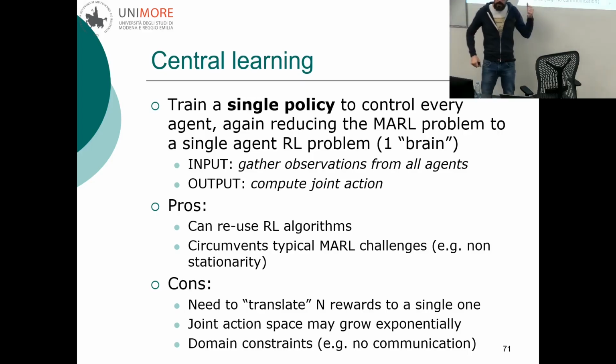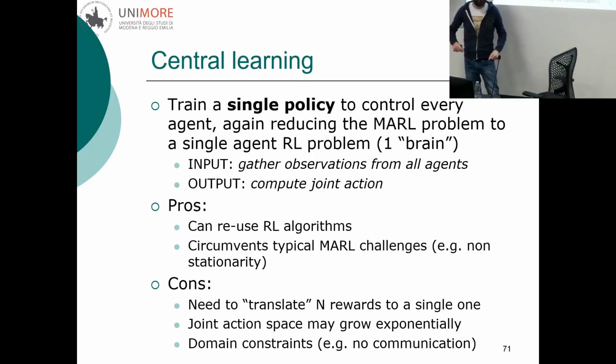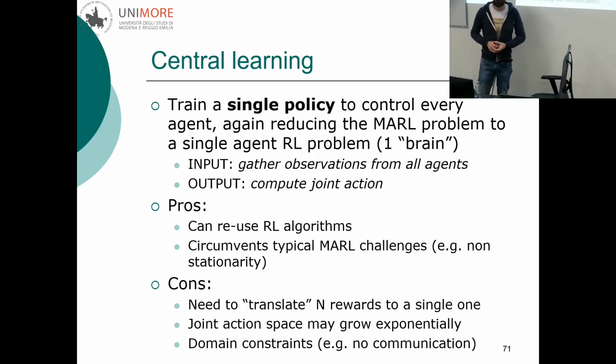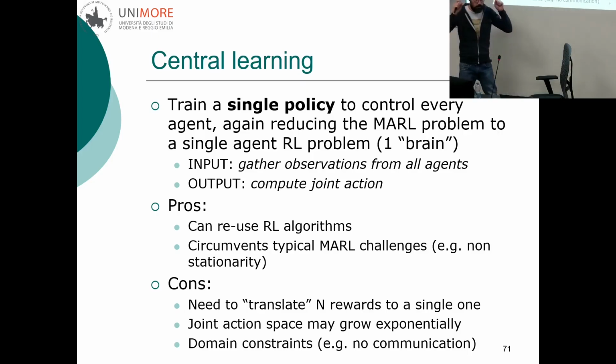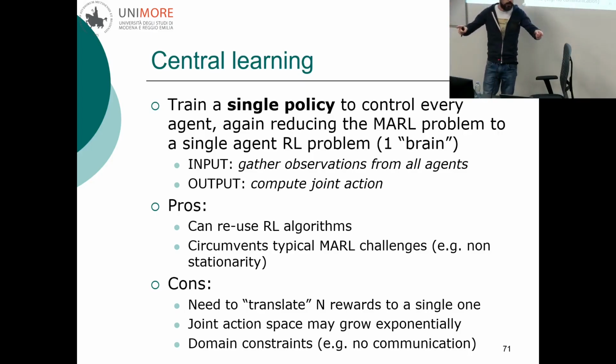So if in independent learning each agent has its own policy that only tells the agent go up, go down, go left, go right, in fully centralized learning there is only one policy, and the joint action is: agent 1 go up, agent 2 go down, agent 3 go left. Okay?